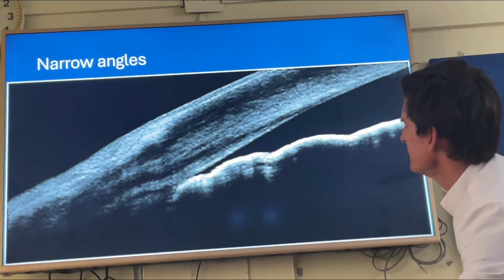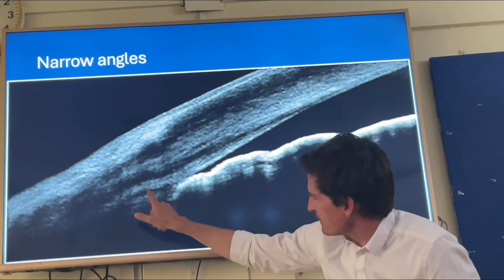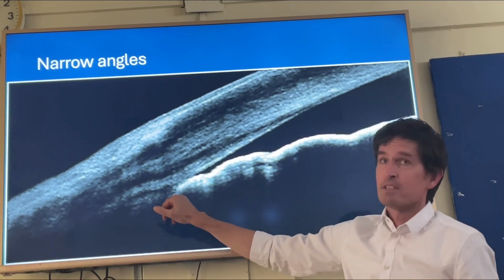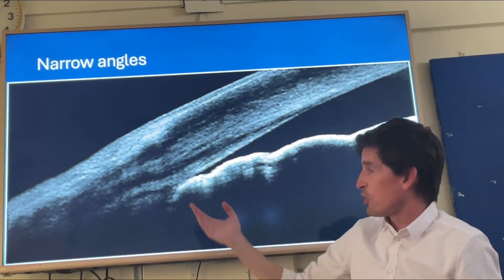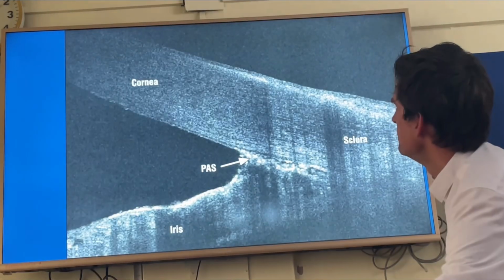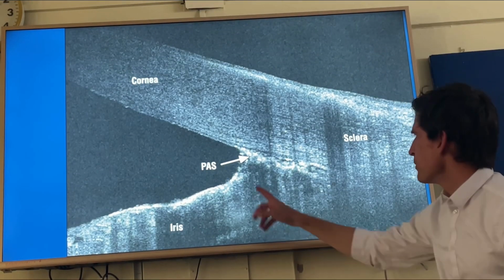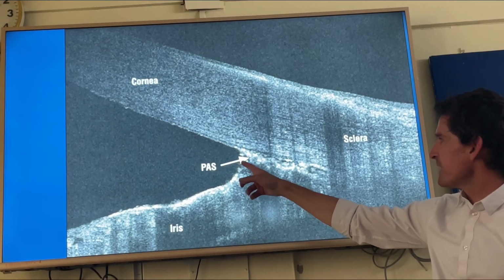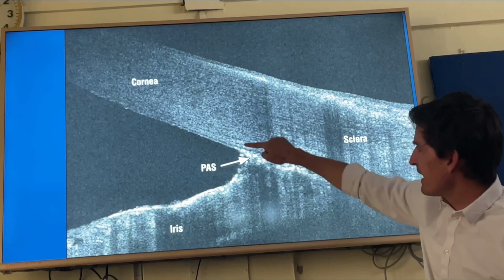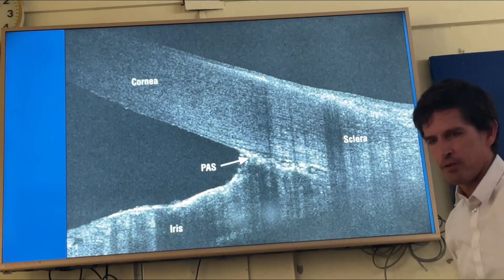Here you can see, for example, this I think is Schlemm's canal. So it means the scleral spur is probably down here. Yeah. So this is like closed. I mean, this is like angle closure. Here's an example where someone who had uveitis had a peripheral anterior synechiae, bringing the iris up. So there's kind of this iris sort of obliterating the angle there.